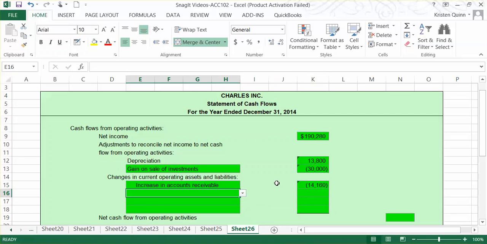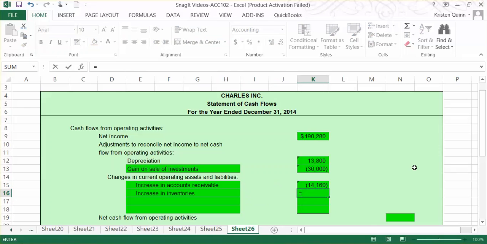We're purchasing more inventory, but not selling it quickly enough. So we take our prior year balance and subtract away our current period balance. It's having a negative impact on our cash flow of $18,480.